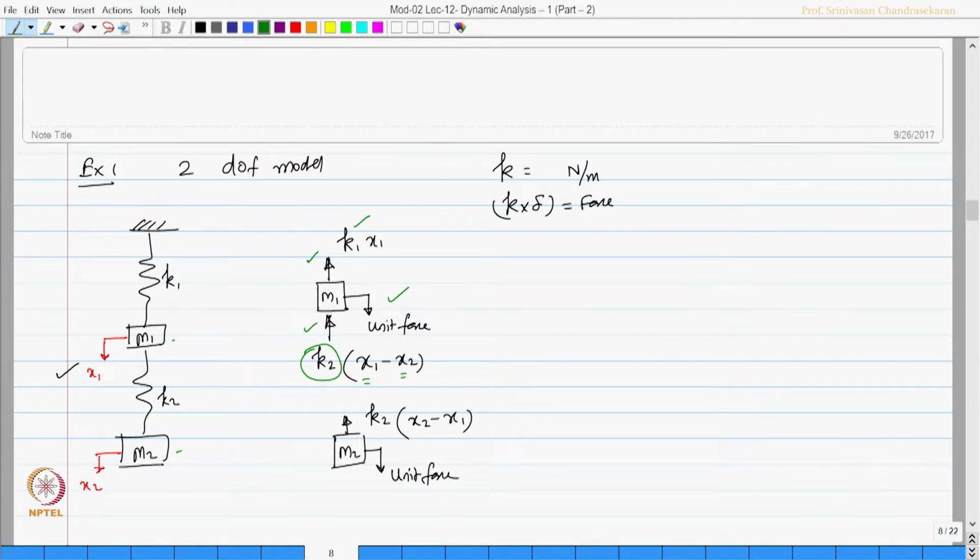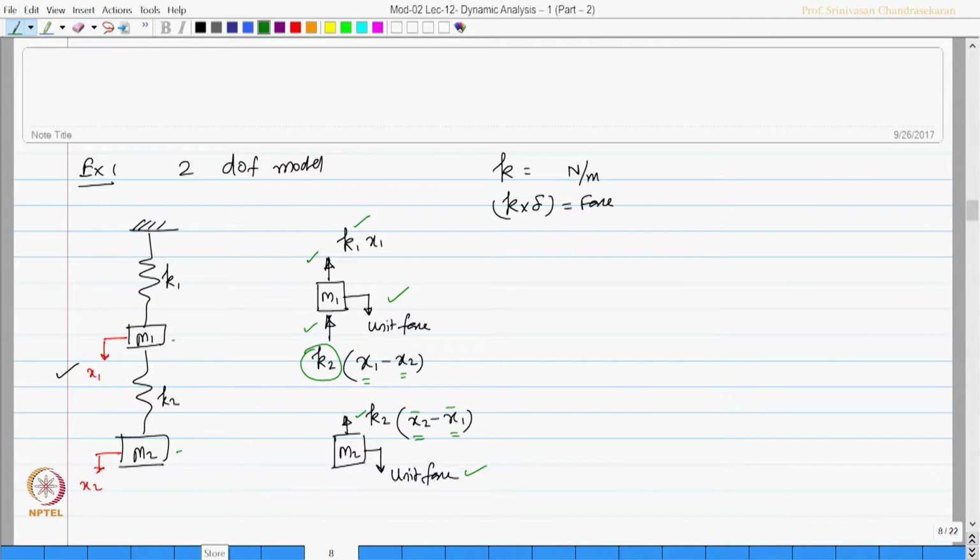K2 is connected between x2 and x1, and the first coordinate will be where you are measuring the force, second is where you are connecting this force. The direction is very simple, mass m2 is pulled down, therefore, K2 will try to pull it up. I do not think any confusion is there in marking the arrow directions of the stiffness of the springs and the unit force, and therefore, now this is my free body diagram.